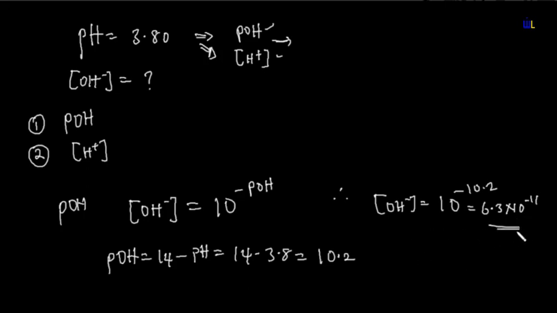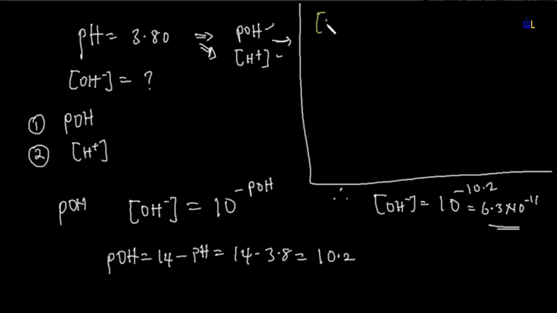Let's use method 2. Method 2 is where we use the concentration of hydrogen to find OH. Remember, the concentration of OH is equal to 10 raised to power minus 14 divided by the concentration of hydrogen ion. So the question is, how do you find the concentration of hydrogen since you have pH? It's very simple.